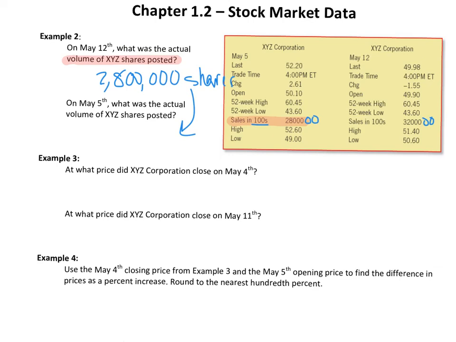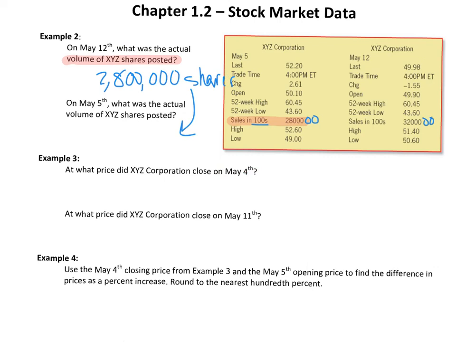At what price did XYZ Corporation close on May 4th? Got to be careful there. It does not actually give us a closing price. Also, it says May 4th, so it's looking at the closing price for the day before. So in order to figure out the day before's closing price, we look at what it opened at. So this is what the price opened at.